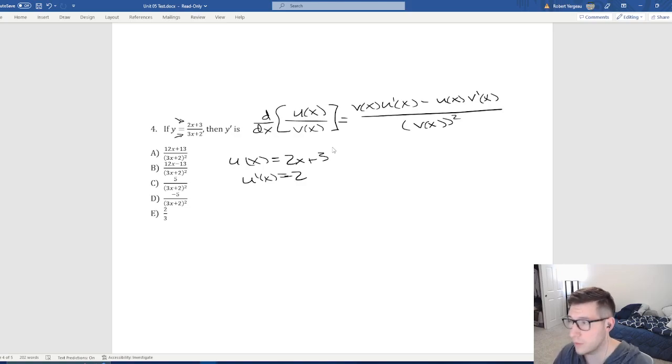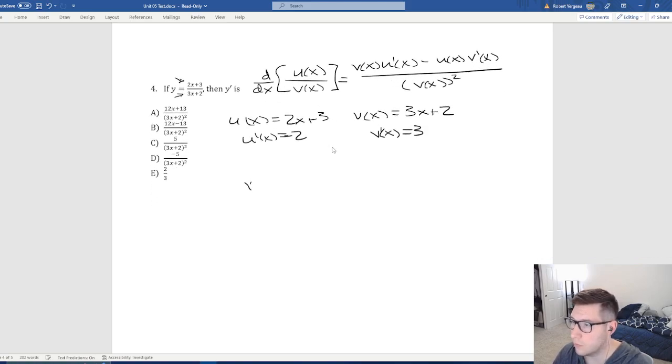And so I'm going to do the same thing with v. V of x is going to be equal to 3x plus 2, which means that v prime of x is going to be equal to 3. Again, just that simple constant. And so now, again, use our template and put it in our puzzle pieces.